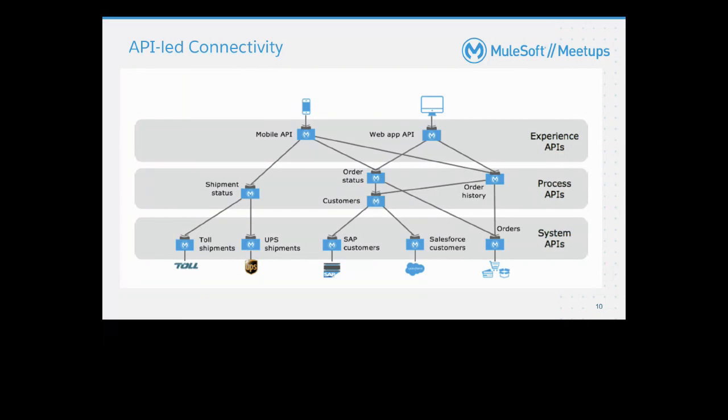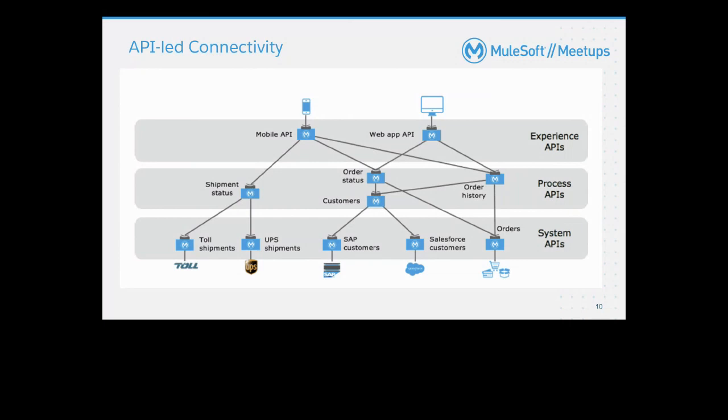The process API draws data from system APIs to perform the next level of processing. It simplifies and automates the workflow to create a composite application. On top of that, we have the experience API that delivers output to the appropriate channel to engage the right stakeholder. So this is how API-led works.